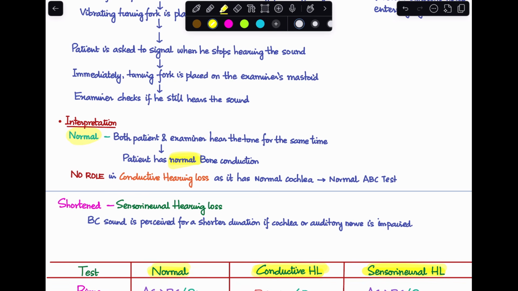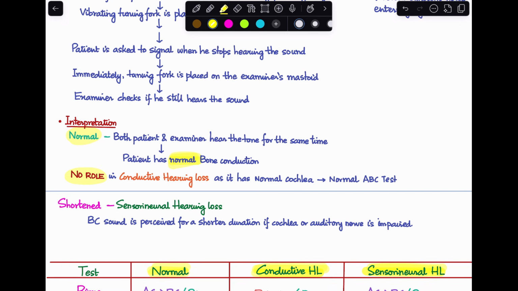In case of conductive hearing loss, we cannot have any finding over here. There is no role of this test at all in finding the conductive hearing loss because we are already blocking the air conduction over here. Now, you can check it yourself: if you are playing something, if there's some sound coming, press the tragus inwards and then take it outwards, and you'll see the difference.